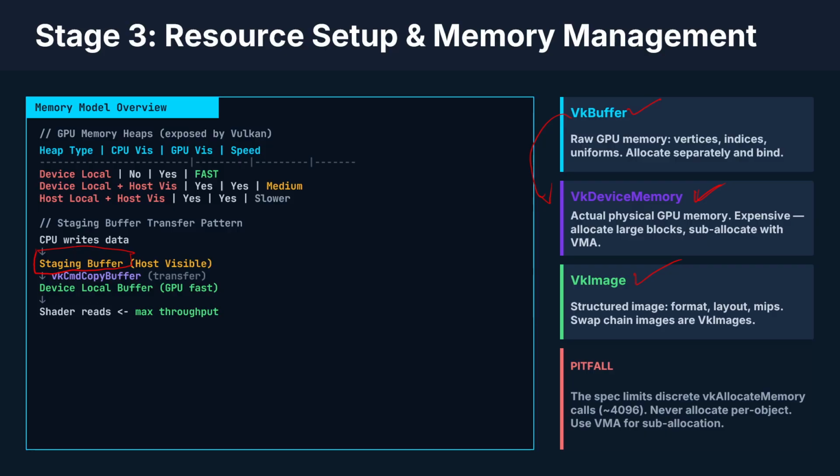So VK buffer is linear data, whereas VK image is structured data. Structured data means images or textures.